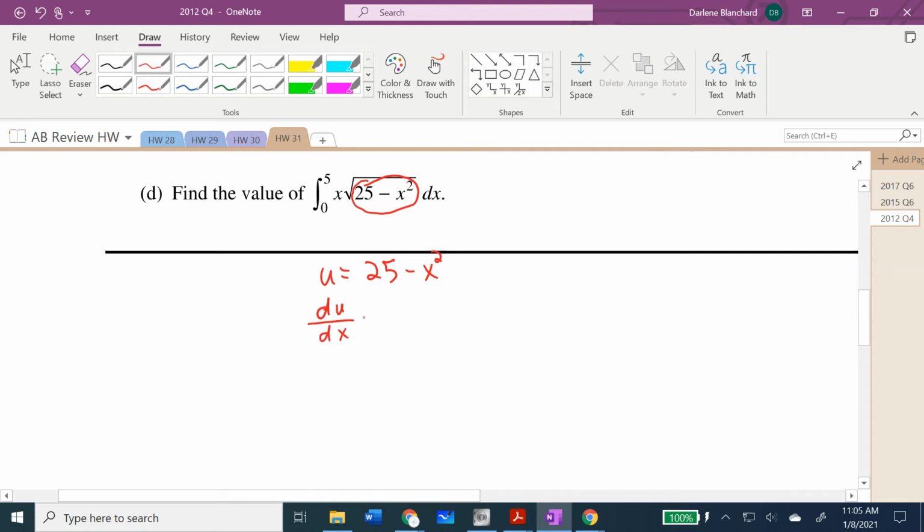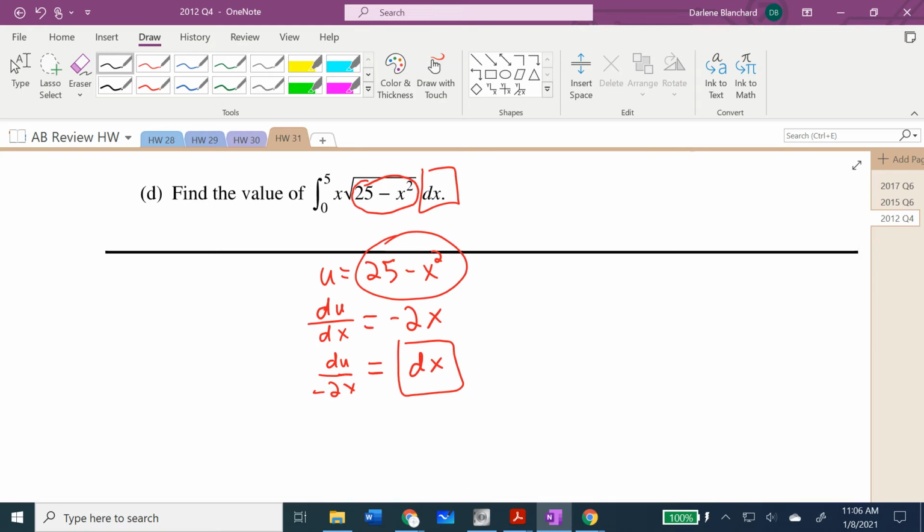The derivative is negative 2x. So that means that when I multiply dx over to the right and divide negative 2x over to the left, I can see what to substitute in, and I am shape coding what to plug in.